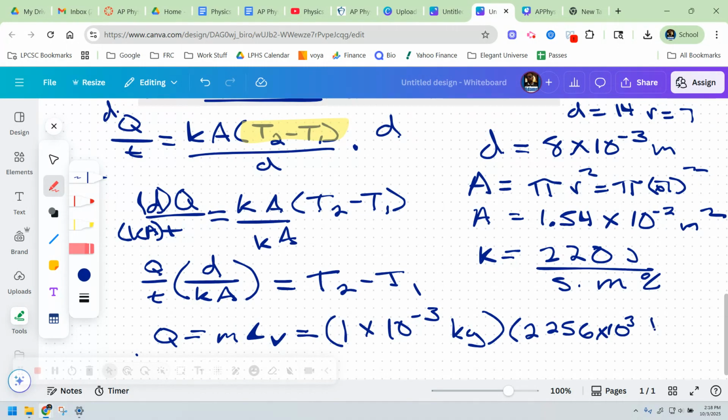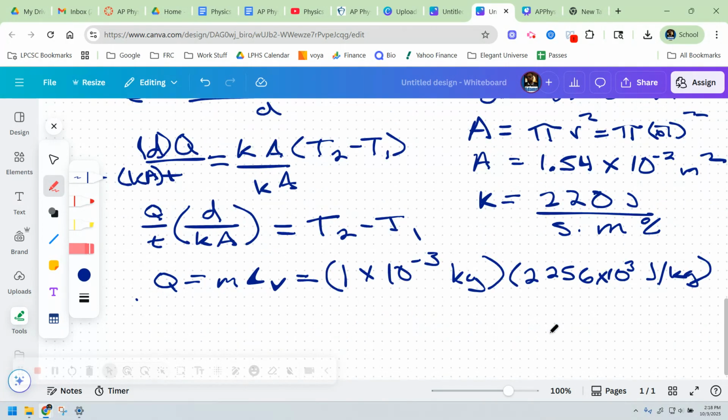And it's joules per kilogram. Okay. So it just becomes 10 to the third. Yeah, because the 10 to the thirds cancel, right? This cancels with this, and so you're just left with 2,256 joules. That's the heat energy, right?